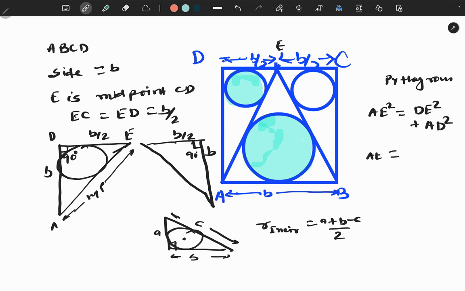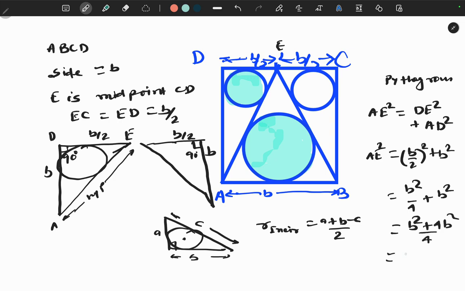Now AE squared becomes (b by 2) whole squared plus b squared. Solving this further, b squared by 4 plus b squared, this becomes (b squared plus 4b squared) divided by 4. Ultimately 5b squared divided by 4, and my AE becomes root 5 b by 2. My hypotenuse here becomes root 5 b by 2.